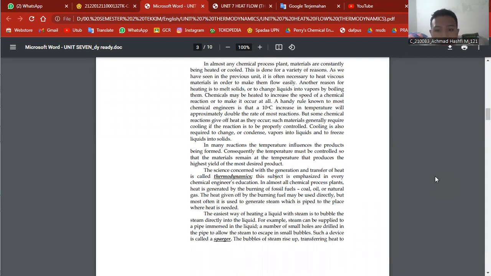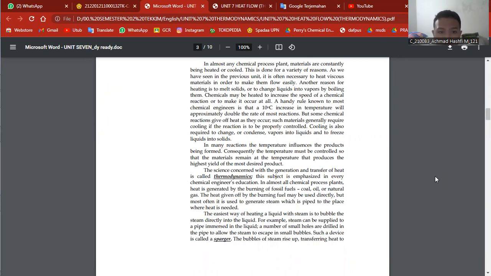A handy rule known to most chemical engineers is that a 10 Celsius degrees increase in temperature will approximately double the rate of most reactions. But some chemical reactions give off heat as they occur. Such materials generally require cooling if the reaction is to be properly controlled.